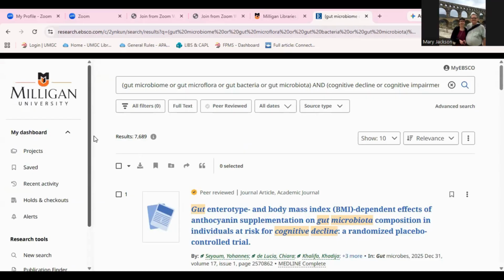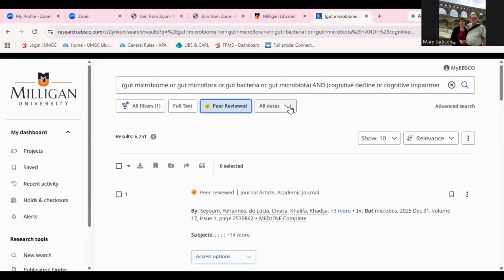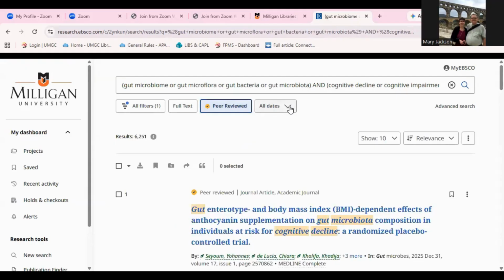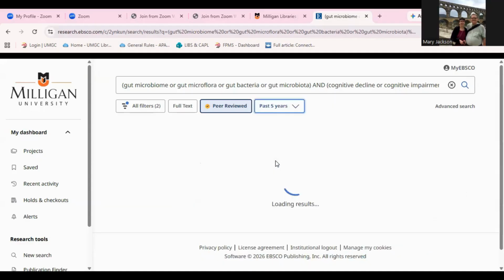But there are also some filters I need to put on this. I definitely want peer-reviewed journal articles. I'm looking for the best academic resources on this. So I'm going to pick peer-reviewed. I'm also going to limit by date, and probably for most of your topics, you're going to want to limit to the last 5 years because you really want to see what is currently happening on this topic and not things that are farther back than that, because it's just not going to be the most recent research.